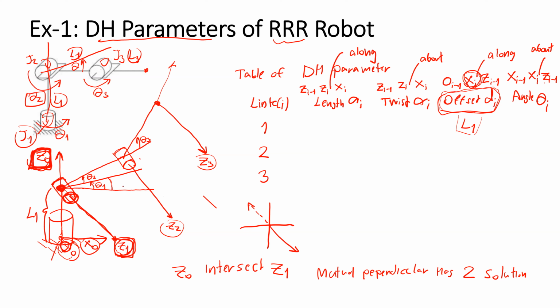X1 can be the direction that points in this direction or points in another direction. We can select X1 in two possible ways.